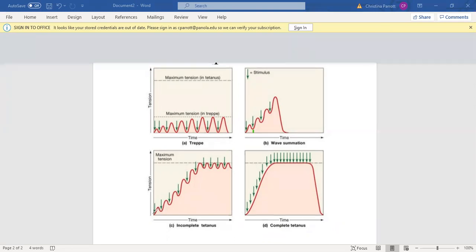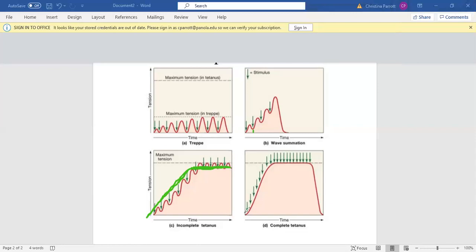Okay, so you'll see you basically have wave summation here, and then usually it plateaus off before you reach maximum tension, okay? So in an incomplete tetanus, you have basically a wave summation followed by a plateau before you reach maximum tension. I don't know why this one is showing you reach maximum tension. Usually you don't quite reach maximum tension. Okay, so that's what incomplete tetanus looks like.